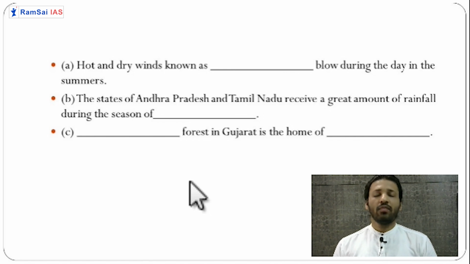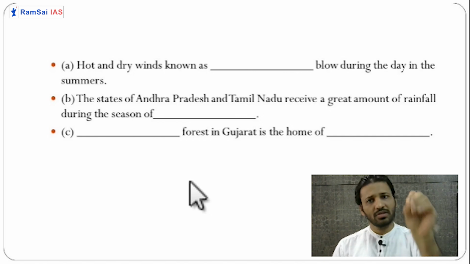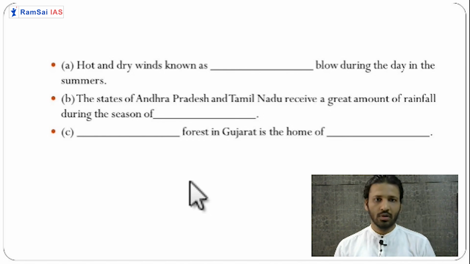Next question: the states of Andhra Pradesh and Tamil Nadu receive a great amount of rainfall during which season? Since Andhra and Tamil Nadu come under the rain shadow region of the Western Ghats and are parallel to the Bay of Bengal branch of the southwestern monsoon, they don't get much rainfall from it.